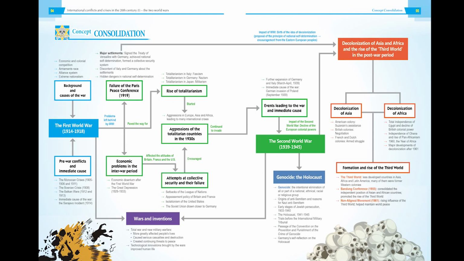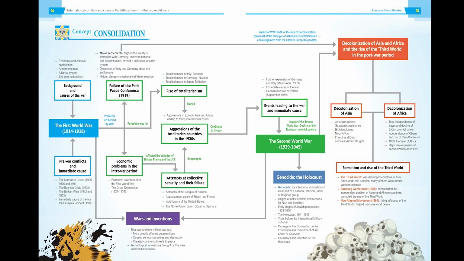The Moroccan crisis, 1905-1906 and 1911. The Bosnian crisis, 1908. The Balkan Wars, 1912 and 1913. Immediate cause of the war, the Sarajevo incident, 1914.